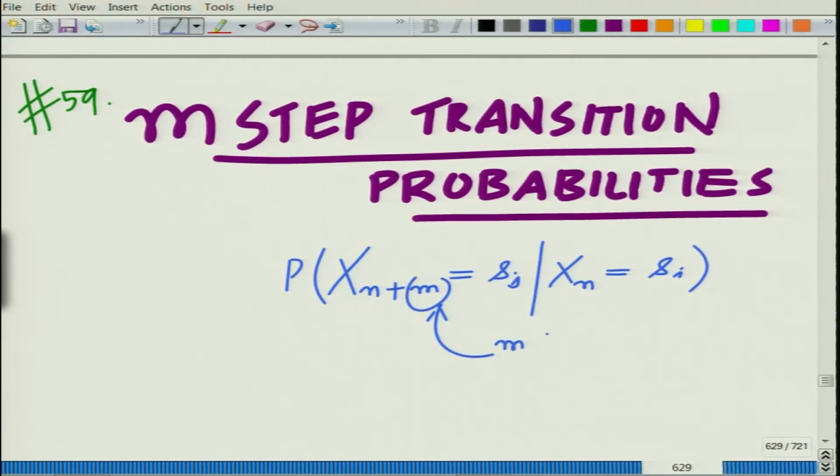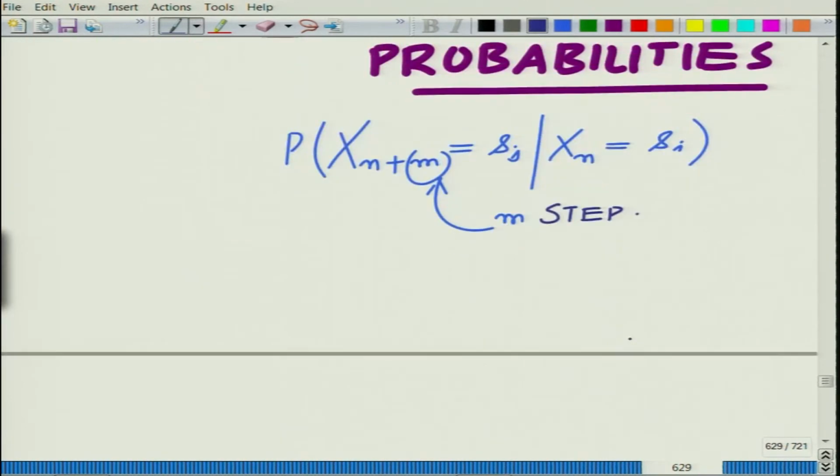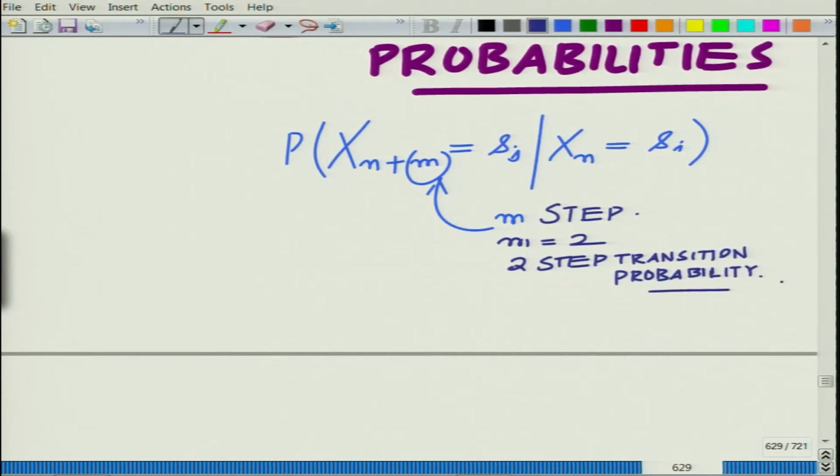Previously we were looking at one step, now we want to look at what is the m step transition probability. To begin with, we can set m equal to 2. Okay. So, we can ask the question what is this 2 step transition probability.